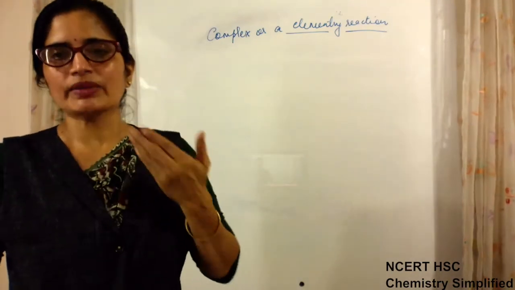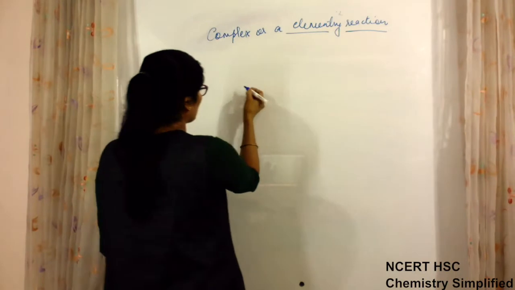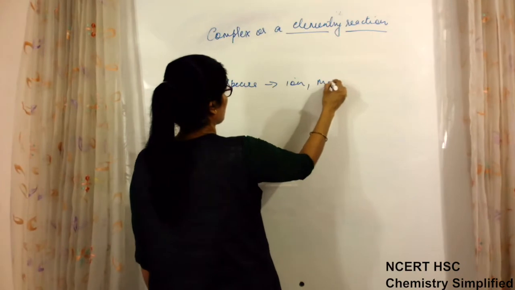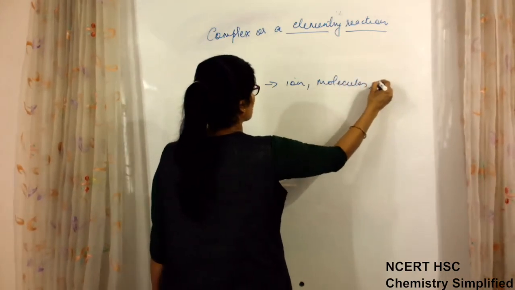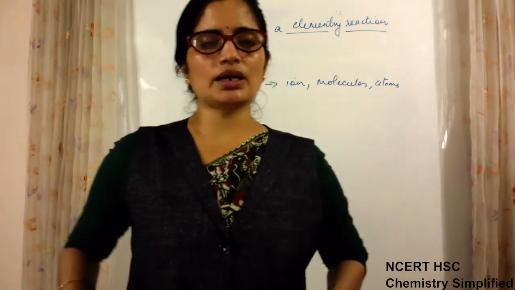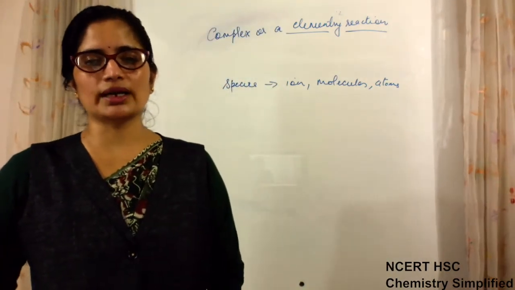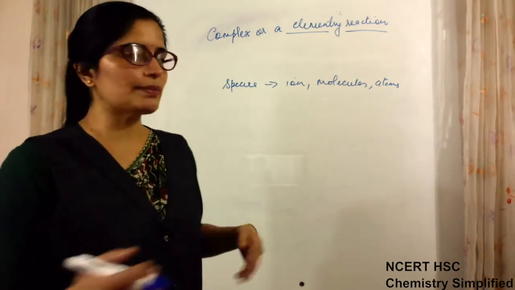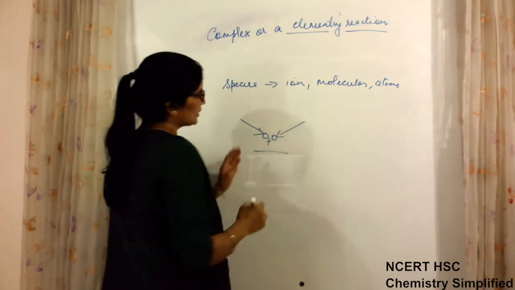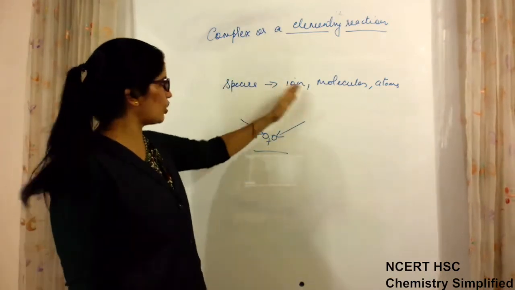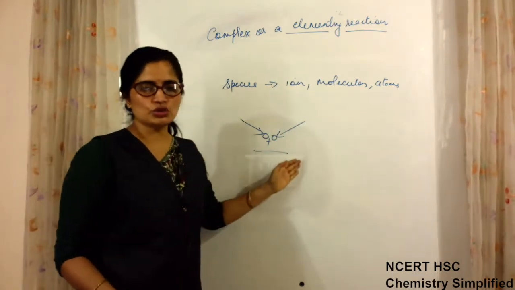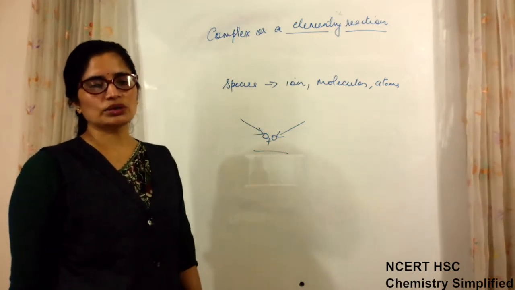Single step means what? The number of species, and that species may be ions, molecules, or atoms, which can combine together to give a product in a single step is never more than 3 in any reaction, simply because when molecules or atoms collide with each other, the number of molecules, atoms or ions colliding or reacting at a time to give the product may be 1, maybe 2, maybe 3, not more than that.